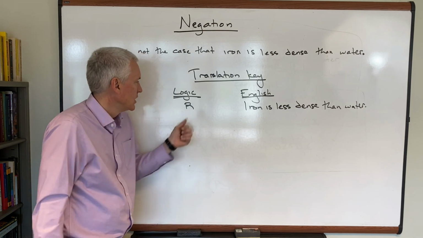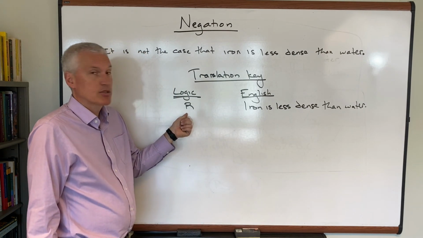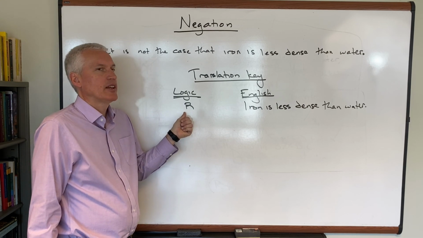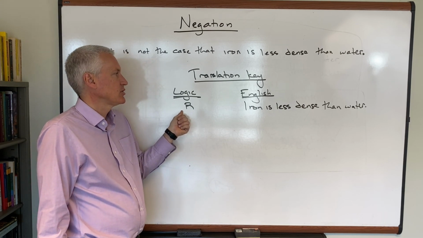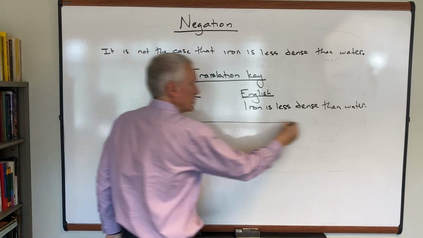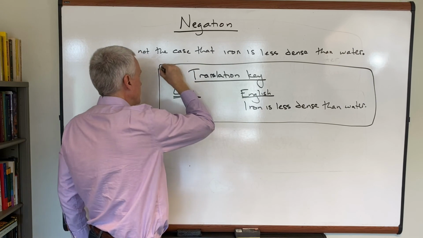Whenever you see this R, you know that's an atomic sentence. And if you were to ask me what it means, my translation key will tell you it means iron is less dense than water.